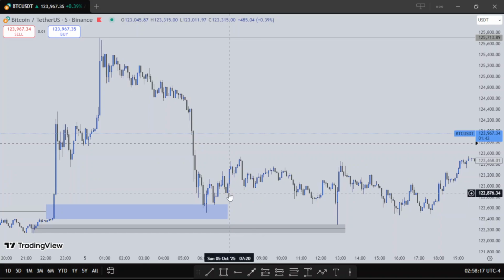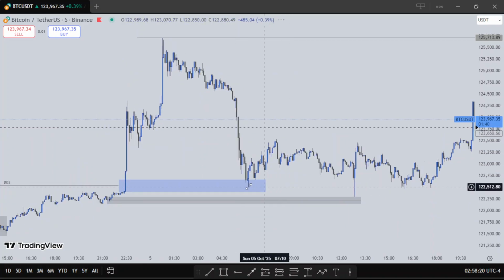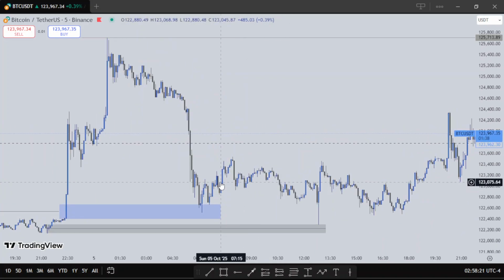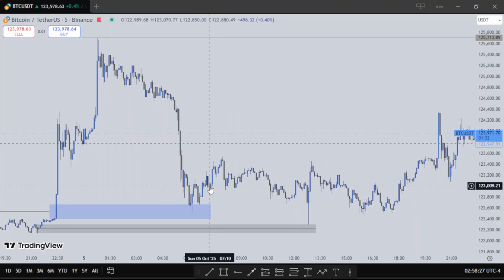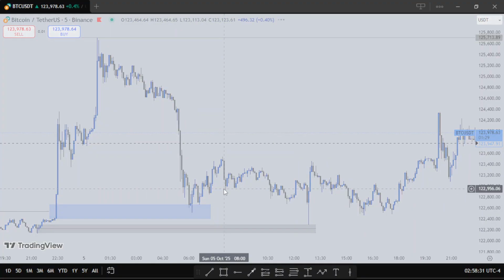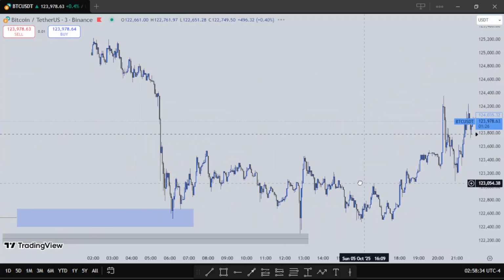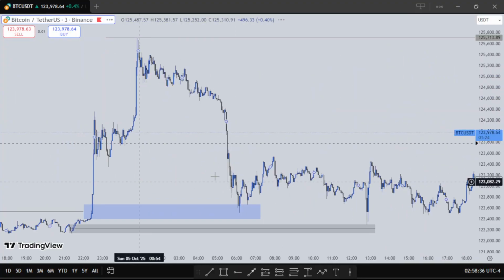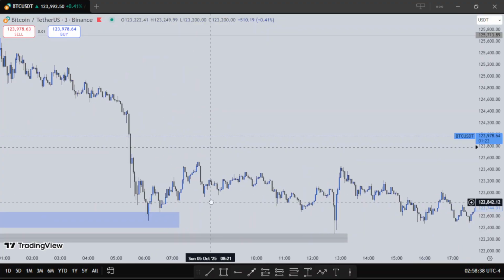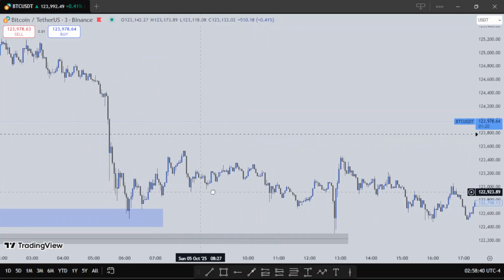Then I identified this area with this liquidity, which is my entry model: order block, liquidity and imbalance, and price mitigated and tapped me in.